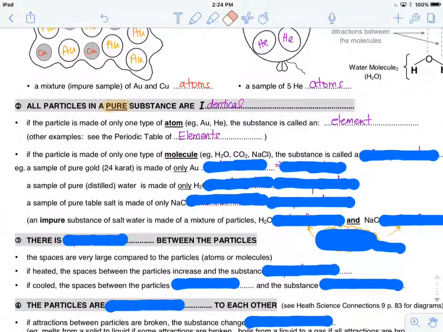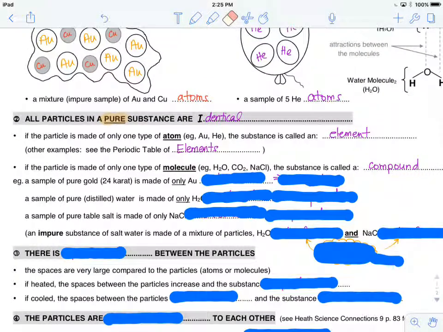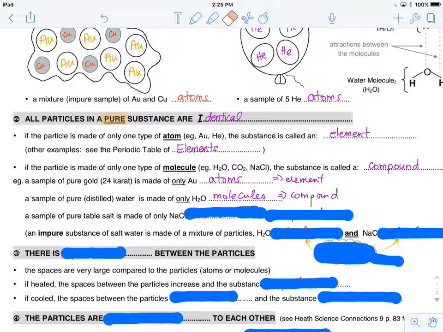And if the particle is made up of only one type of molecule, then the substance is called a compound. So if we look at a few of the examples from above, we can see that a sample of pure gold is made up of only atoms, so we would call that an element, where the sample of distilled water is made up of only H2O molecules, so we would call that one a compound.